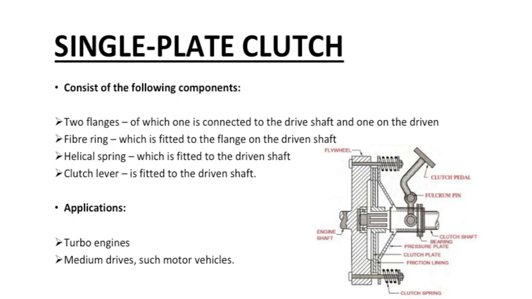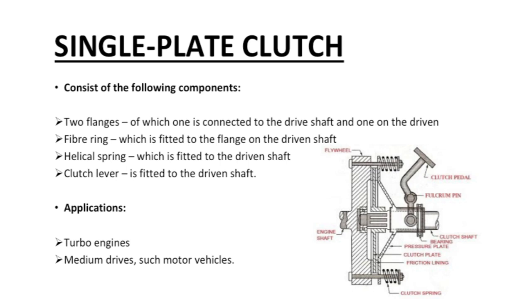They say it consists of the following components. Number one, a single plate clutch has two flanges. Those two flanges are connected to the drive shaft as well as the driven shaft. We have a fiber ring which is fitted to the flange on the driven shaft, and we have a helical spring which is fitted to the driving or the driven shaft.